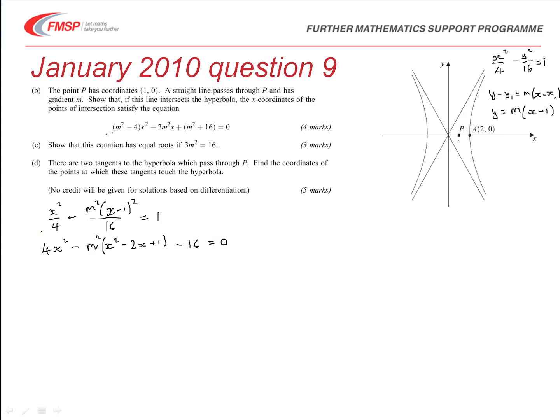So if we now collect the terms together we're going to get (4 minus m squared) times x squared, plus 2m squared times x, and then we've got a minus 16 and a minus m squared, so that gives us minus 16 minus m squared.